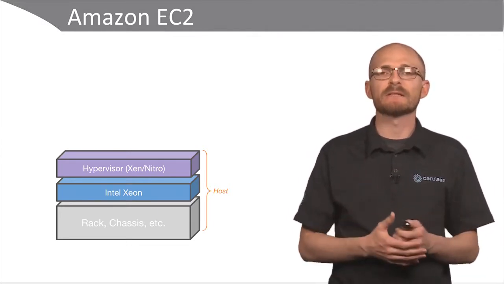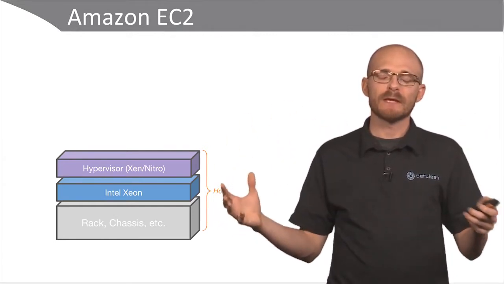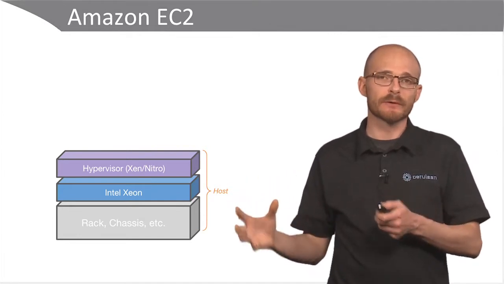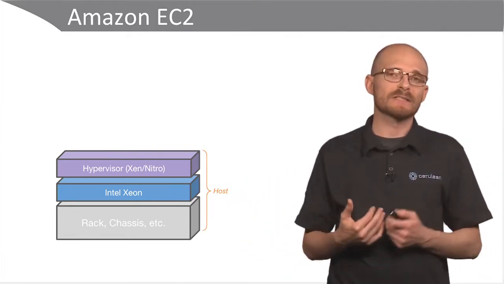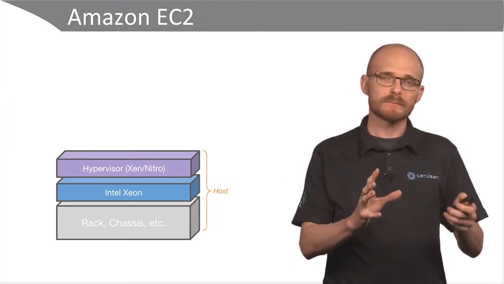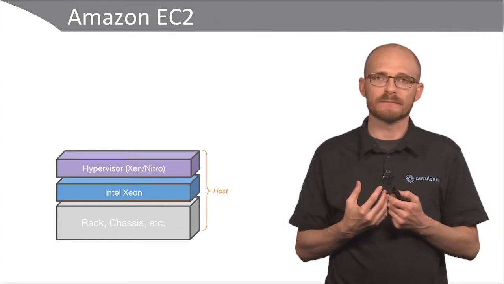Amazon maintains that physical host. And so we're taking all of the operational burdens that go into running this physical host, and we're shifting that burden to Amazon. And now, as an organization, we're no longer responsible for the physical machine itself. We're no longer responsible for the hypervisor, right?